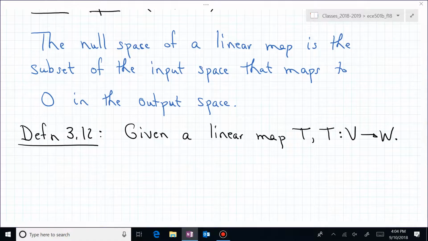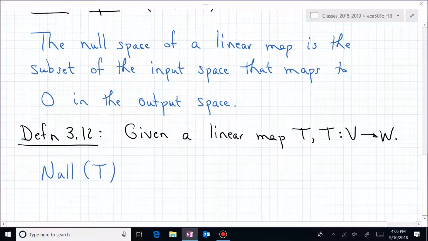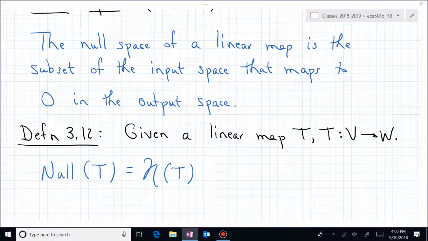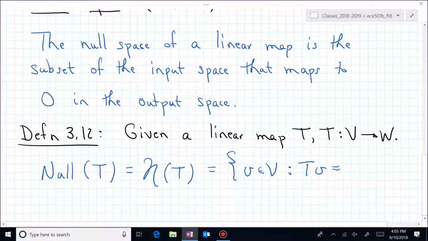So here's what we can say. Given, and this is definition 12 in chapter 3, a linear map T such that T takes the vector space V and maps it into the vector space W, then we can talk about the null space of that linear map T, or instead of writing null, I may just abbreviate that with this script N. That's now the null space notation, which really says that that's all of the vectors little v in big V in the domain's vector space V, such that if we map those vectors v through the linear map, they map to the 0 vector in the output space.